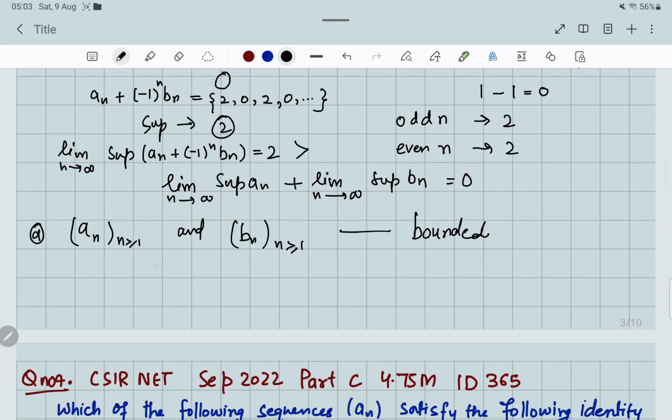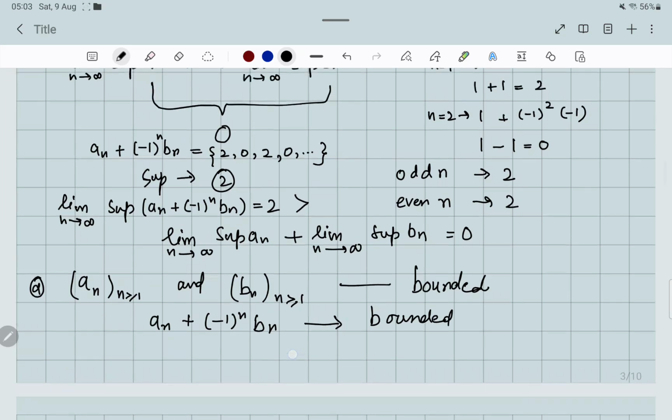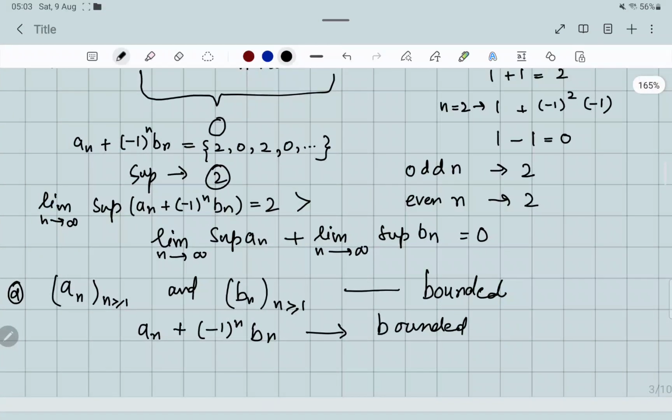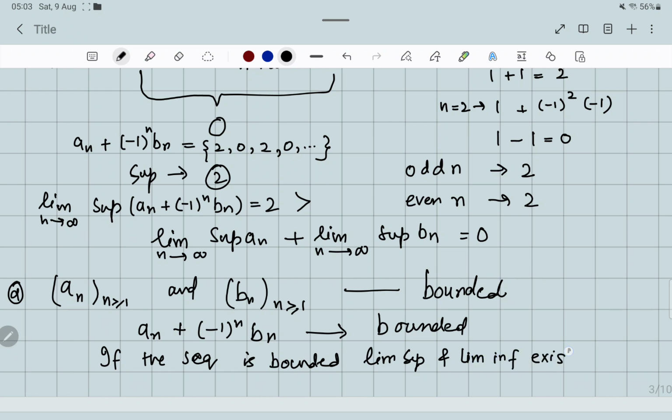So the sum a_n plus (-1)^n b_n is also bounded. Now if the sequence is bounded, limit supremum and limit infimum exist.